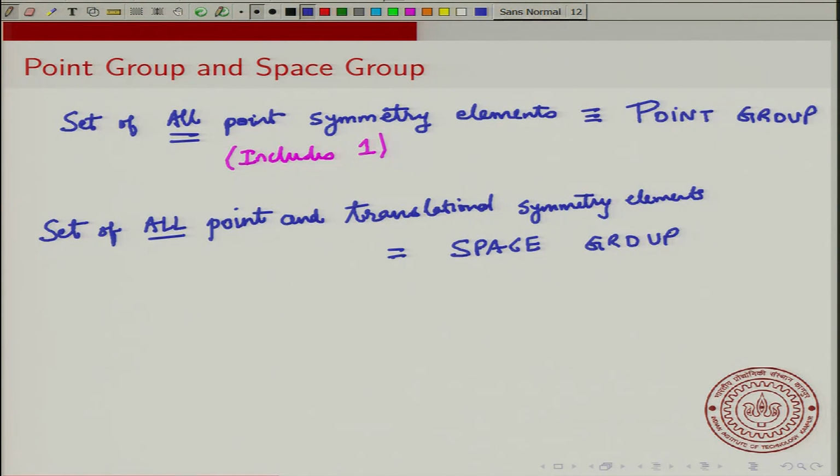So if you take the set of all point and translational symmetry elements, then you get something called a space group.